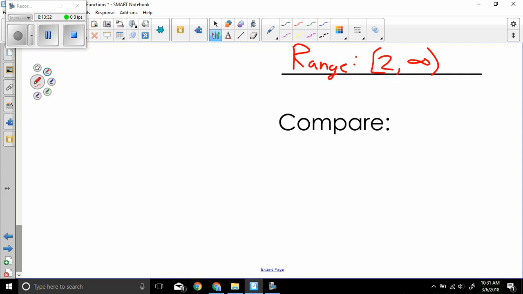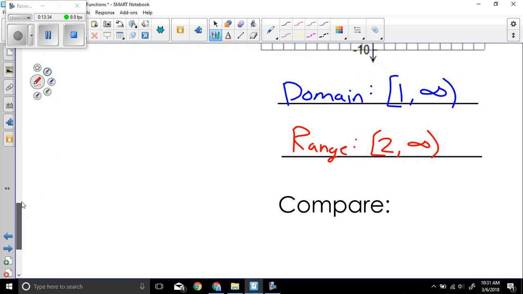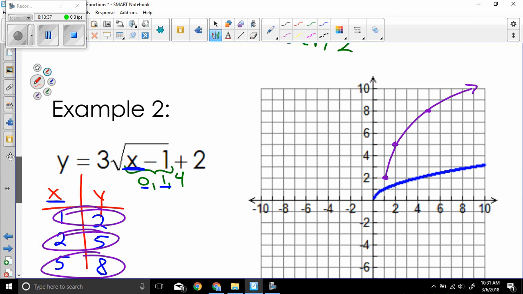Comparing though, let's go back and look at the 2. How do you go from the blue, this thing right here, to the purple? I have to go right 1. I have to go up 1, 2, so I have to go up 2. And you see how much more vertical this is. It's way taller, right?